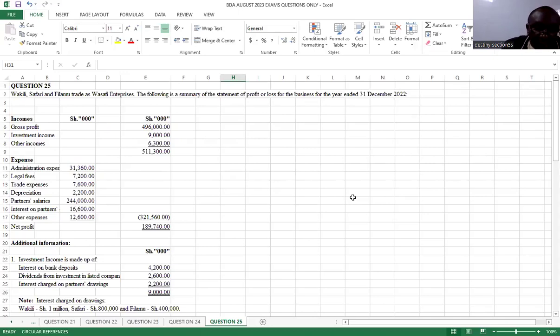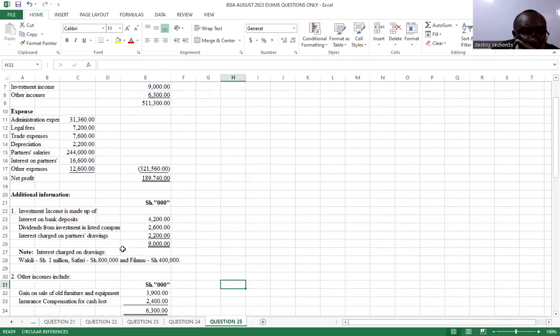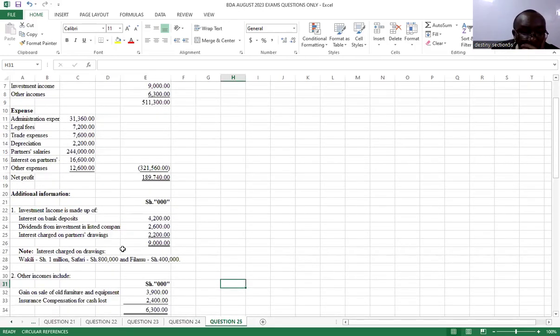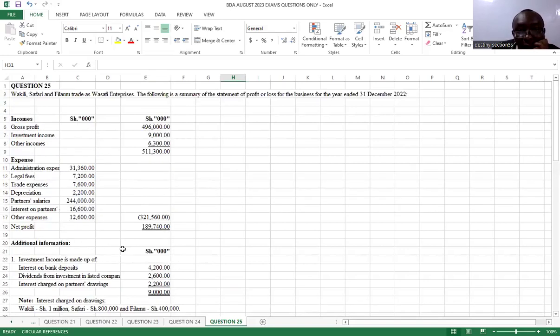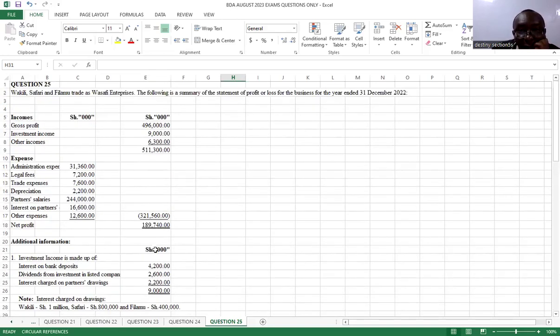The following is a summary of the statement of profit and loss for the business for the year ended 31st December 2022. We have incomes, expenses, then there's additional information. Number one, investment income is made up of interest on bank deposits, dividends from investment in listed company, then there is interest charged on partners' drawings.